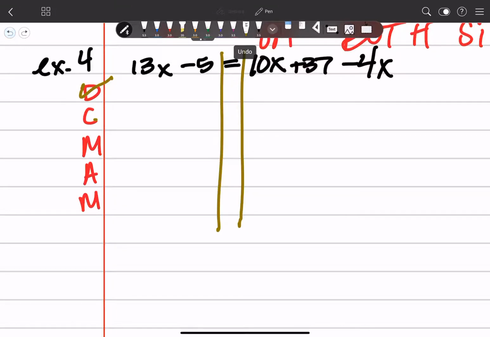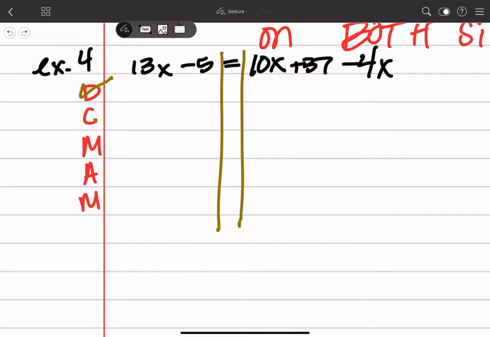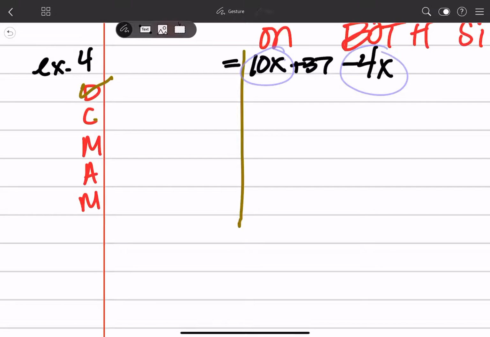If I were to cover up this side right here, there are no like terms here. So we're okay on that side. But now, when we look at this side and ignore this side, you'll notice we have these two in common.